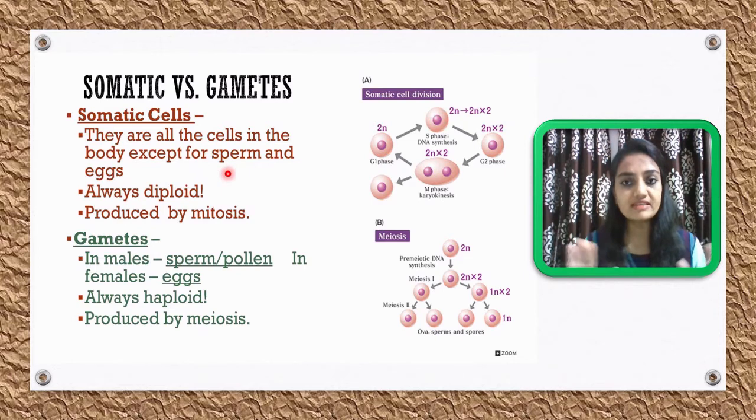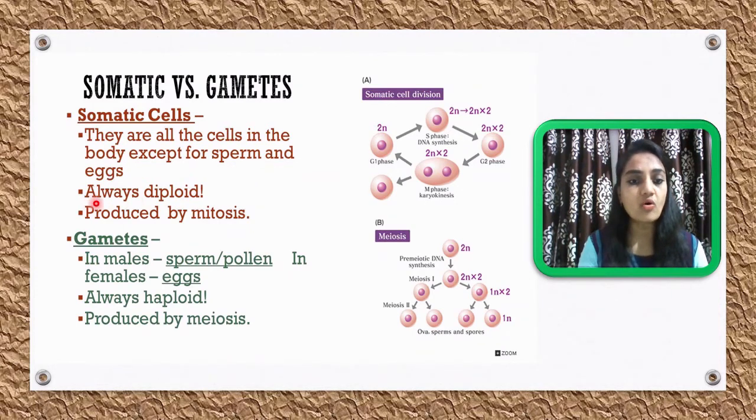So all the cells of the rest of the body, except the reproductive cells, the sperm cells and the egg cell, are considered somatic cells. For example, a cell from our nose, cheeks, skin or liver are all somatic cells. Only the cells which participate in reproduction are called gametes.